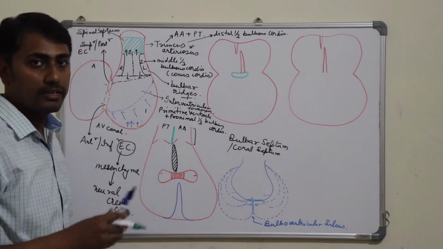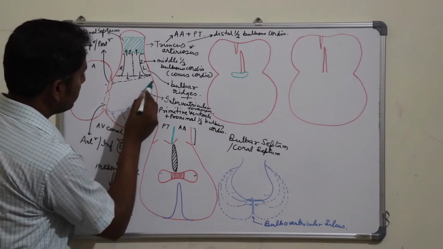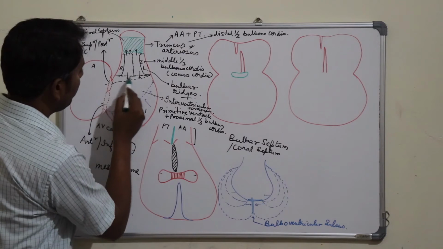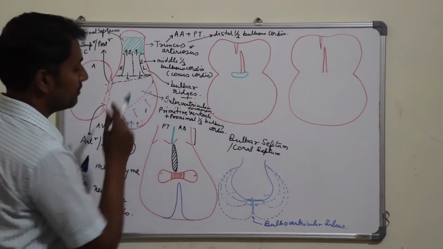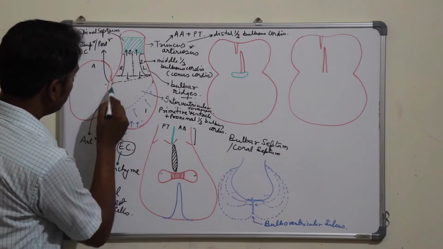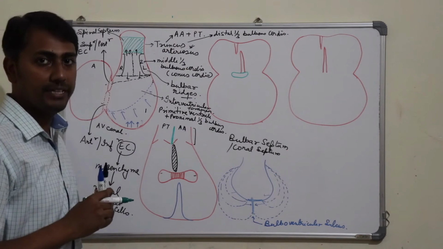Now the third component. This gap between the upper edge of the muscular interventricular septum and the lower free edge of this bulbar septum will be filled by the proliferation of this fused endocardial cushion, or the septum intermedium.